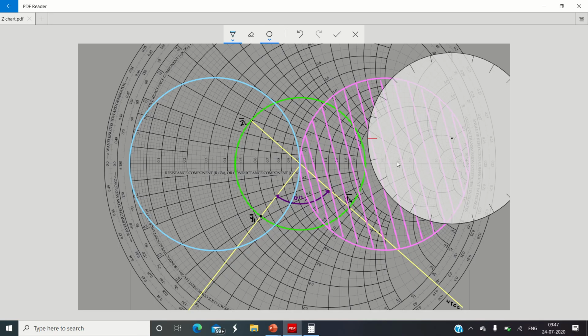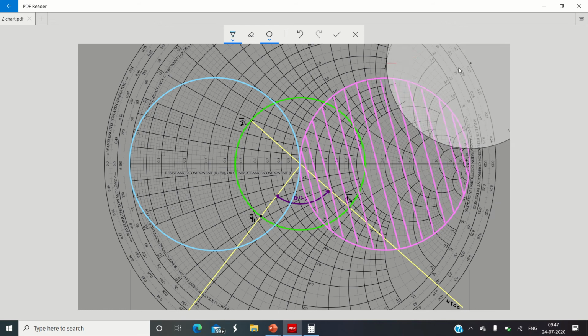Now what is the next step? The next step is you need to start tracing the constant conductance circle from the first position of the stub. Where is the first position of the stub? It is located at y1.